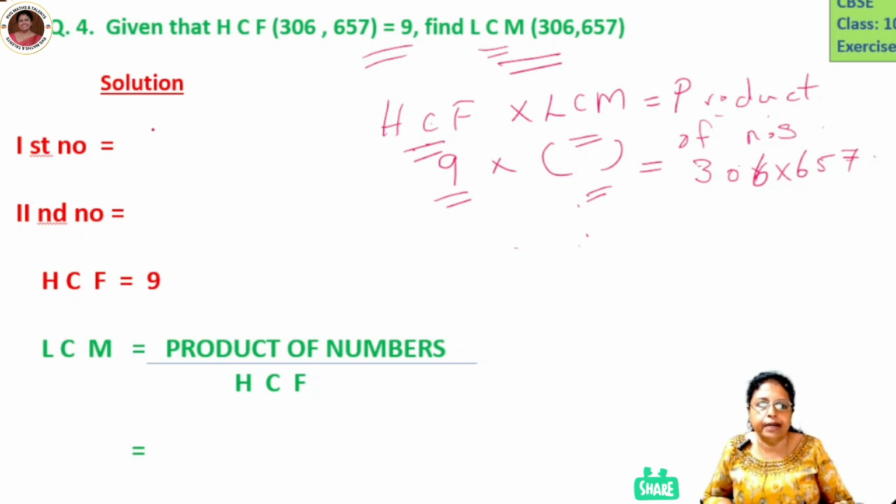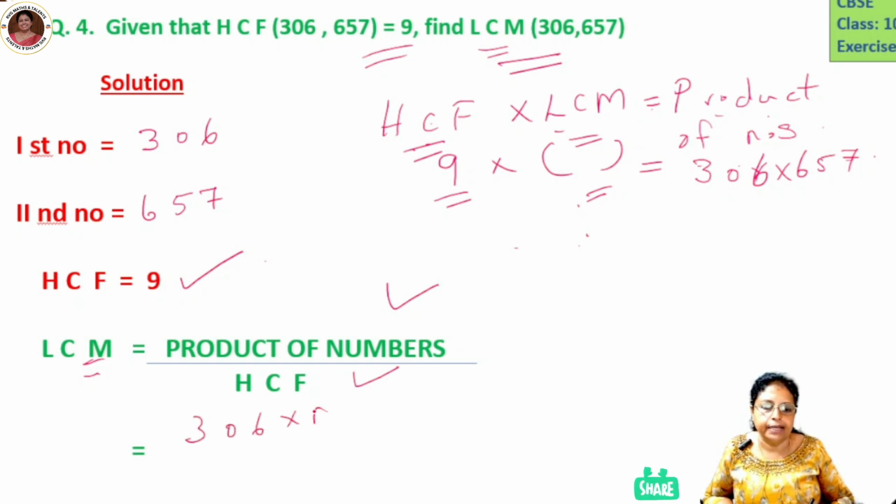So first number is 306, second number is 657 and the HCF is 9, given. So what is LCM? LCM is product of the numbers divided by HCF. That means 306 times 657 divided by 9.